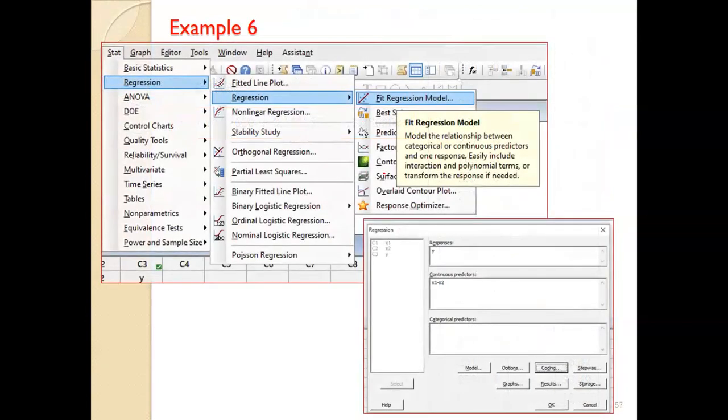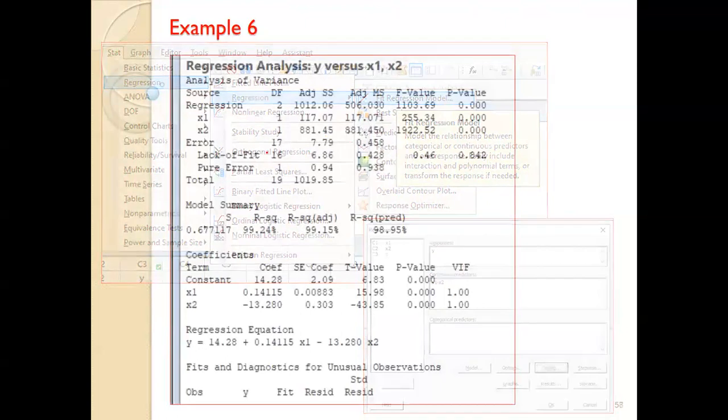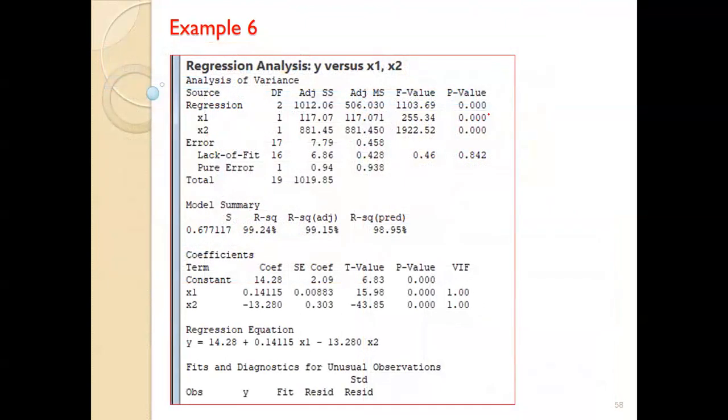And also you can fit the same technique. The regression model, the response is y, regressed on x1 and x2. Also, we have the regression, and if the p value is greater than alpha, then the linear equation fits the data and there is no lack of fit.